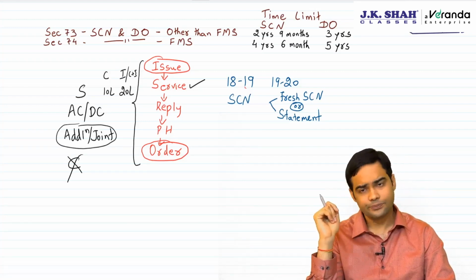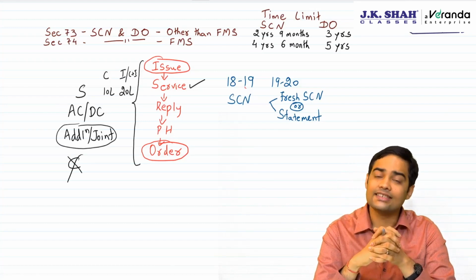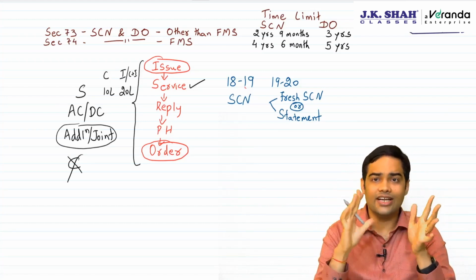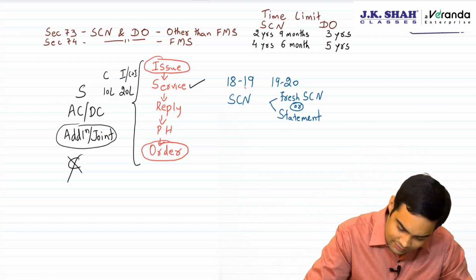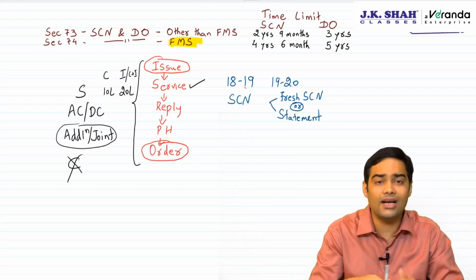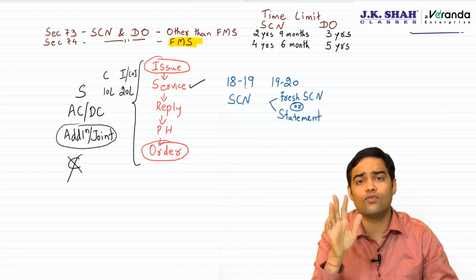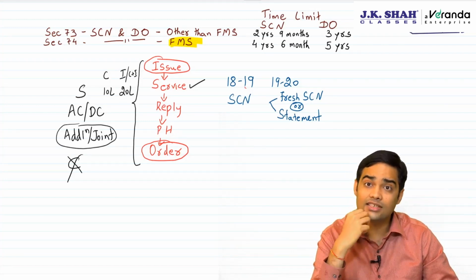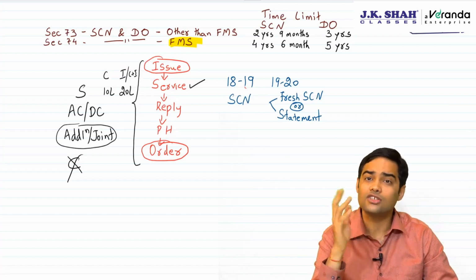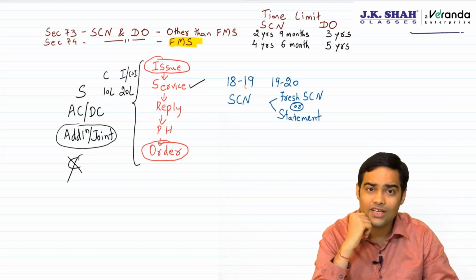Clear with this? Yes. Now, there are a lot of instances where Section 74 notice is issued, meaning fraud notice is issued, but thereafter it is held by the court that it was not a notice under fraud. There was no fraud which was done. In such cases, department cannot issue a new notice under 73 now because the time limit would already be over.